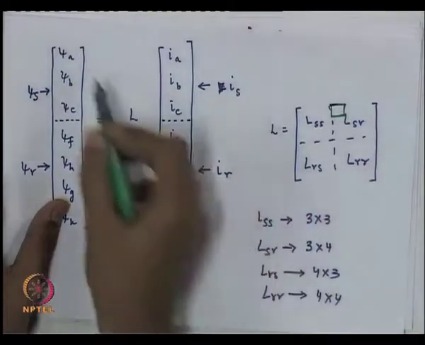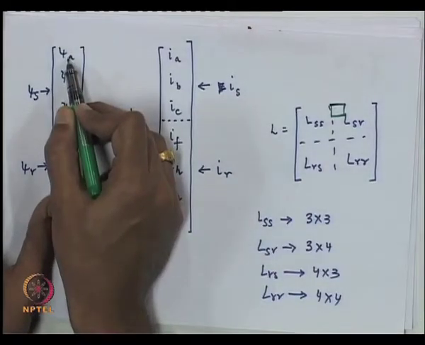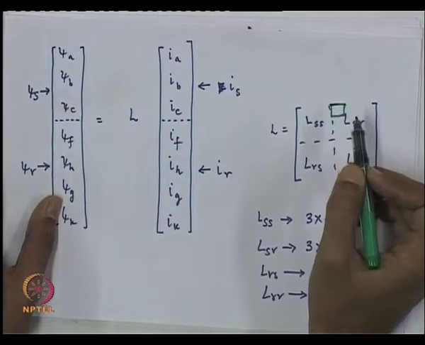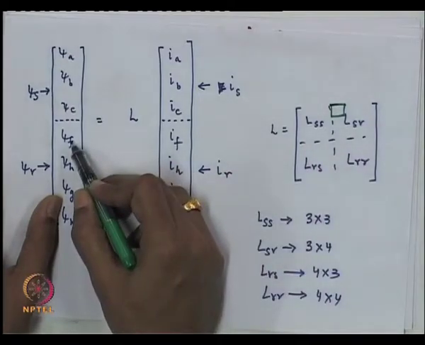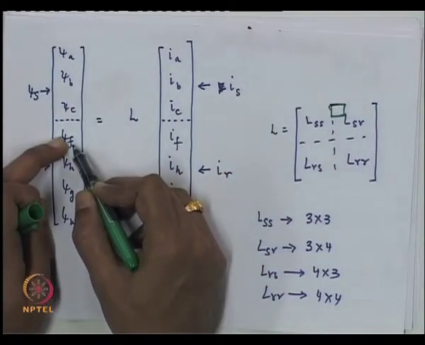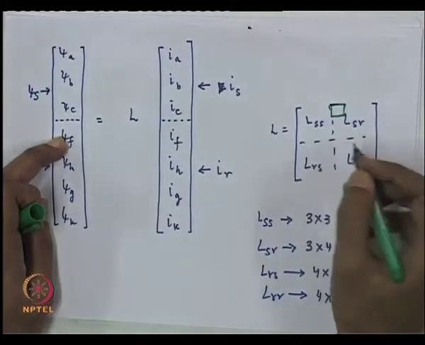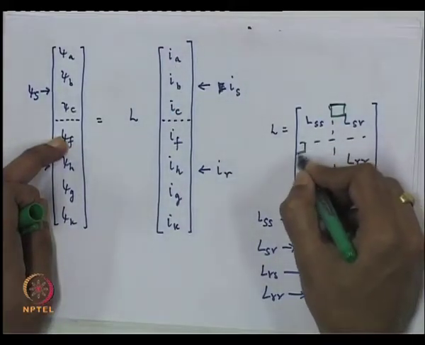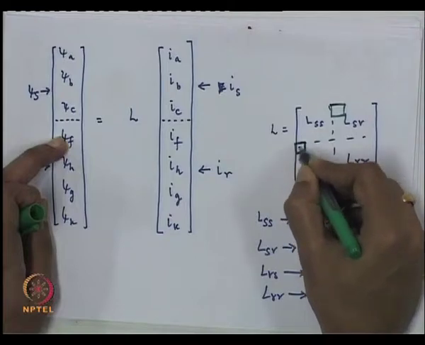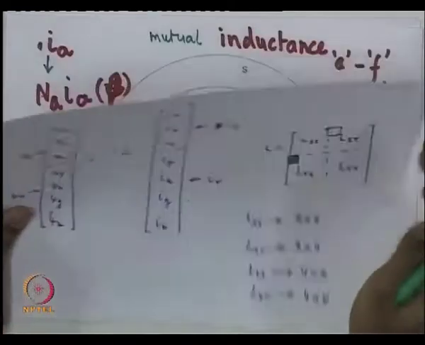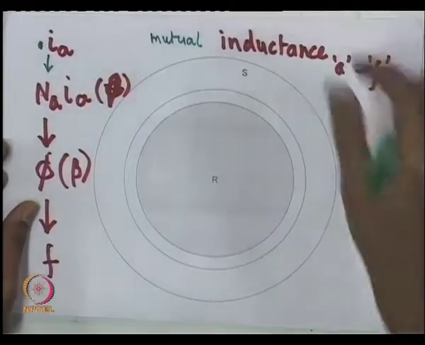I am trying to get the value of the flux linked to the field winding due to a current IA. So, what I should be saying is I am trying to find out this component first. Let us see the steps which we need to apply.